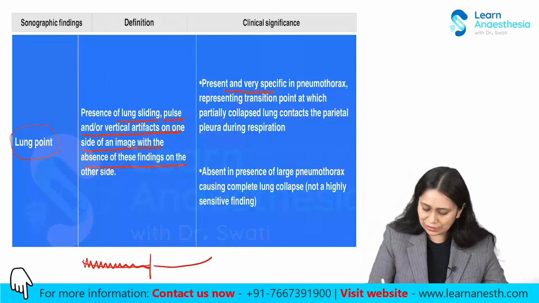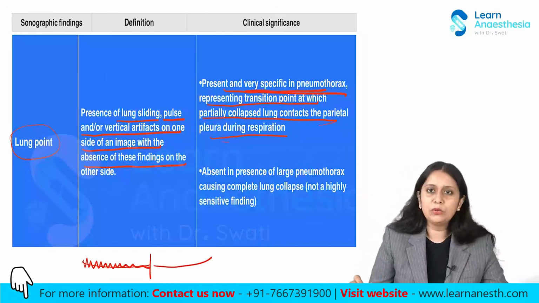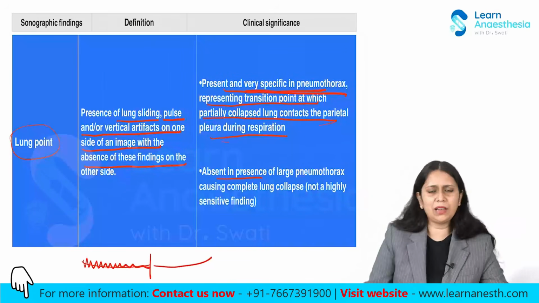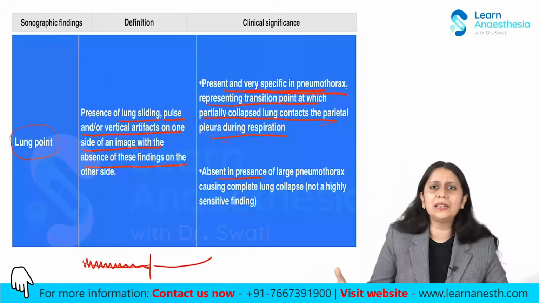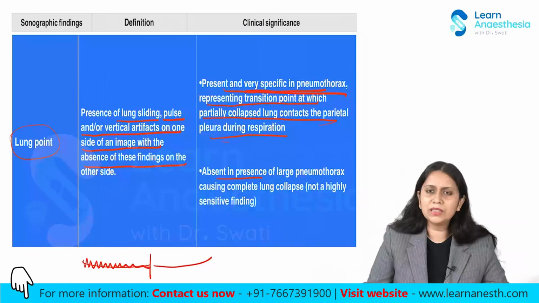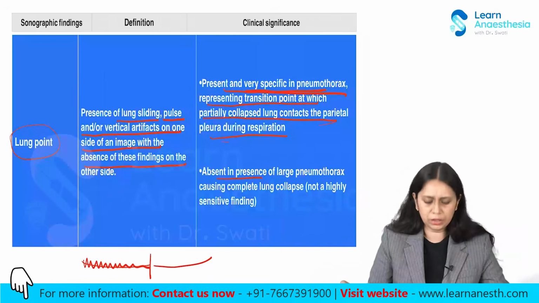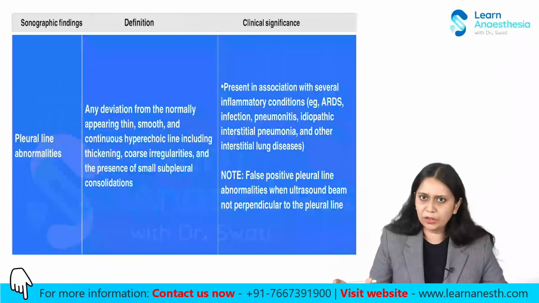It represents the transition point at which the partially collapsed lung contacts the pleura during respiration. So this is absent in large pneumothorax, because the entire lung sliding sign will be absent. It will be seen in small or moderate pneumothorax. But it is very specific for pneumothorax.